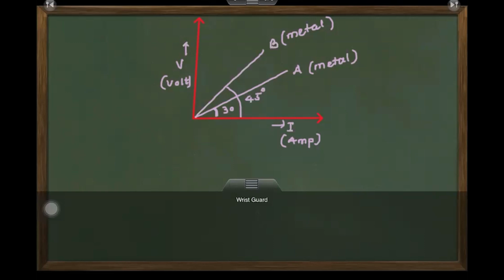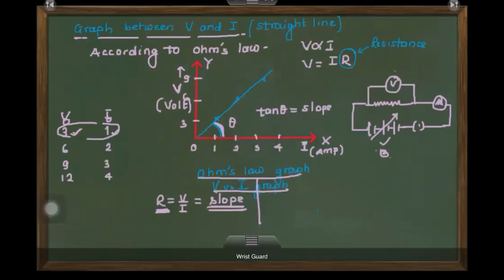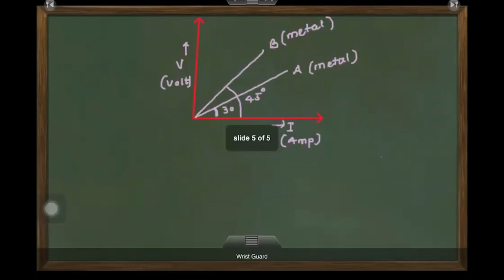45 degree. And you were saying that the slope represents the resistance. So which one is having more slope? B. And if B is having more slope, which one will have more resistance?